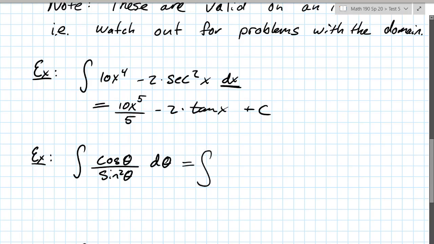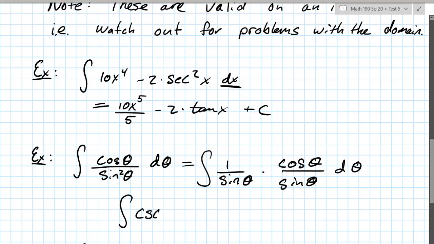So let's change this to 1 over the sine of theta times the cosine of theta over the sine of theta, d theta. Now, 1 over the sine of theta is the cosecant of theta. Cosine theta over sine theta is the cotangent of theta, d theta.